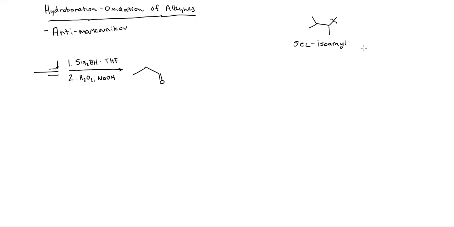So this is a sec-isoamyl group, which can be abbreviated to siamyl. So Sia2 means that I have 2 of those groups on a BH. So that's 1, and this is 2. So this is a di-sec-isoamyl borane. Sia2BH, just so we can make that clear.